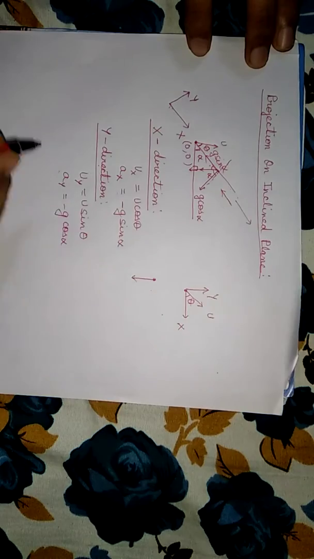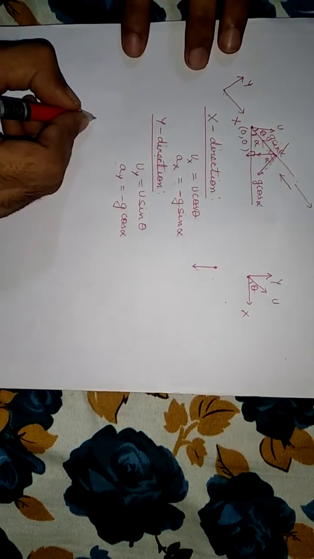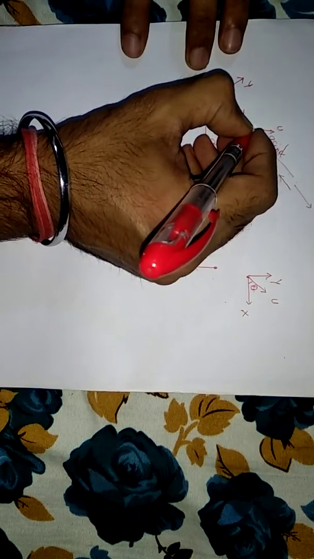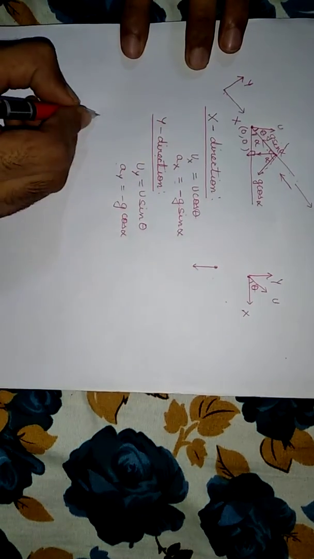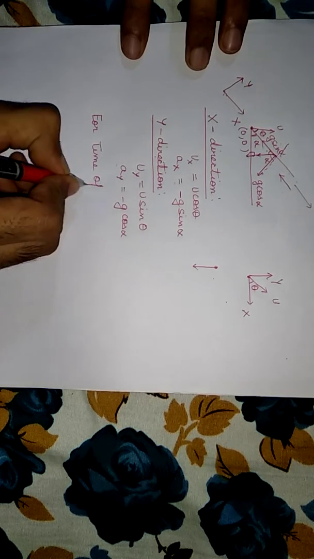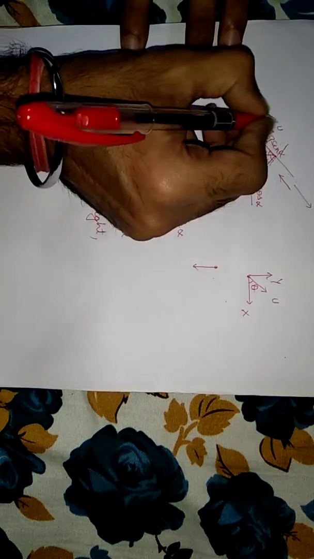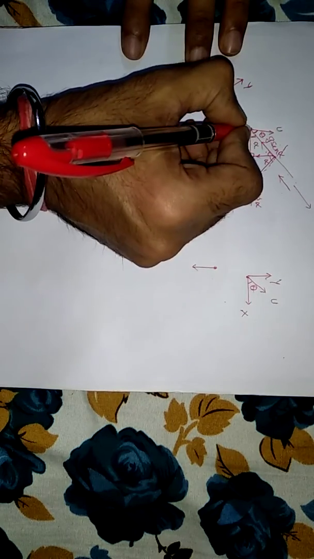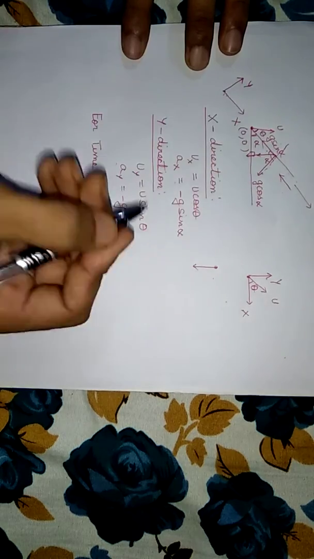Now suppose I have to calculate the time of flight. We know that the time of flight will be the time after which the body again strikes the inclined plane. So for the time of flight, I can put the displacement along the y direction as 0. Again, if it hits the inclined plane, then the displacement along the y direction will be 0.